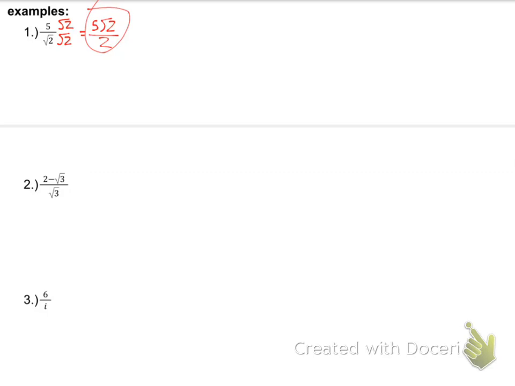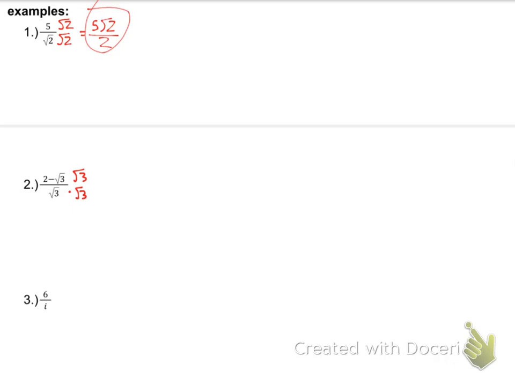Okay? Not too bad, is it? So then I can kick it up a notch with number 2. What's the culprit? The square root of 3, but where? In the bottom, or in the basement, or in the denominator. So I'm going to multiply that denominator by what? The square root of 3, but what I do to the bottom, I have to do to the top.